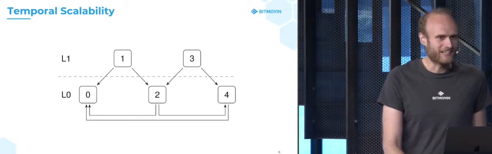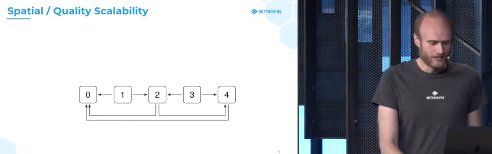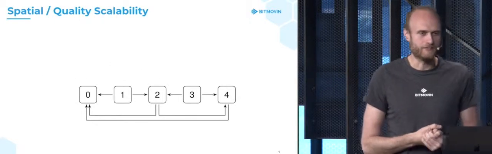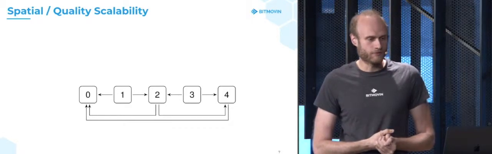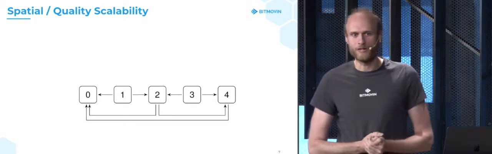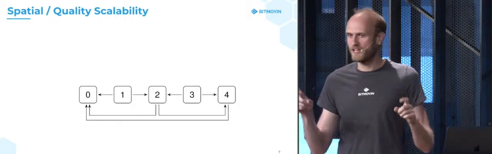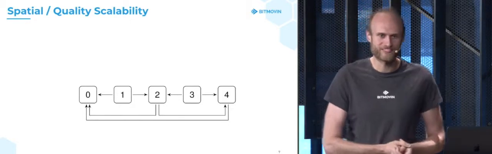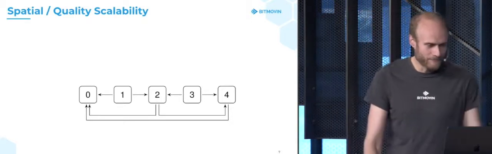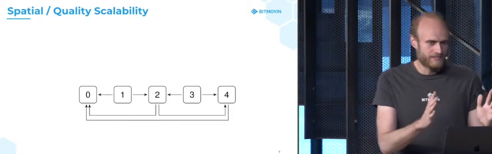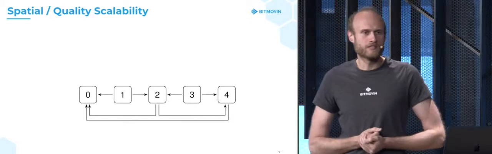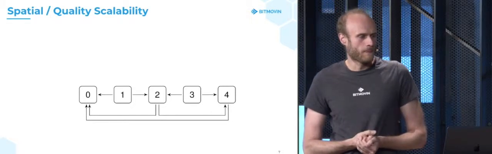And now we're going to come to the actual other stuff, to spatial and quality scalability. So in spatial or quality scalability, you have multiple versions, or in our example, we will always just think about 2 layers. Of course, there can be more than 2, but just so that you can still see something in these graphs. So we'll only consider 2. Spatial and quality scalability are here treated as one, because in principle it's the same concept.